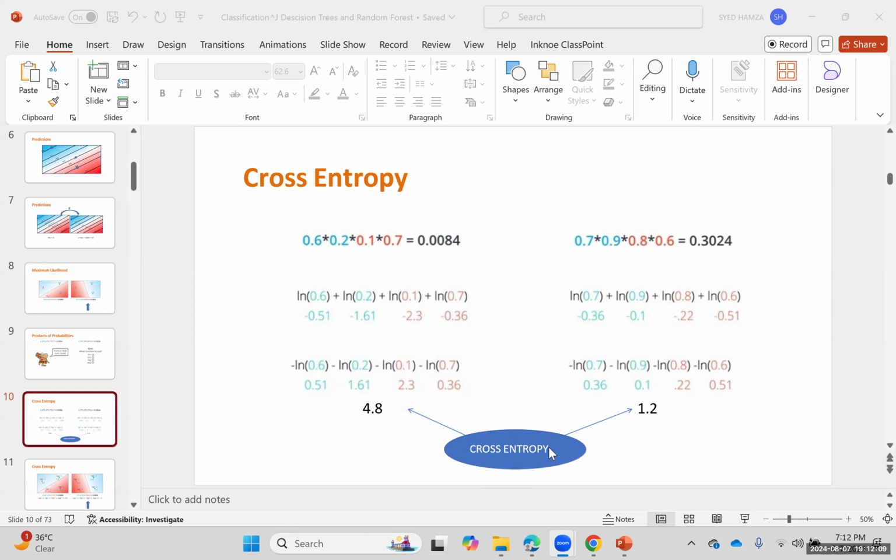And then secondly, based on line equation, we calculated score. Based on score X, we calculated sigmoid value.